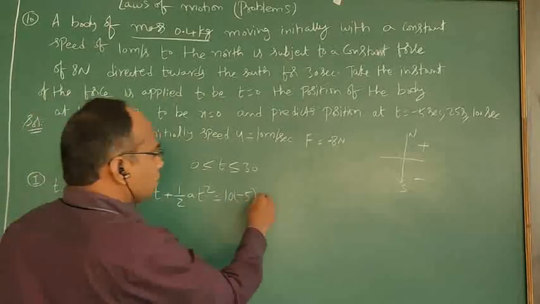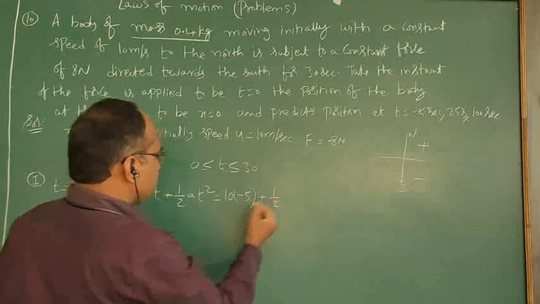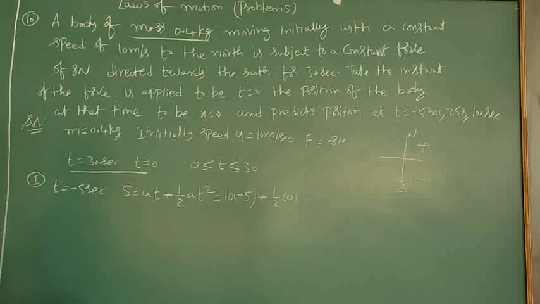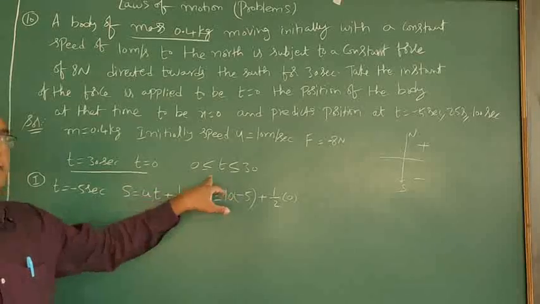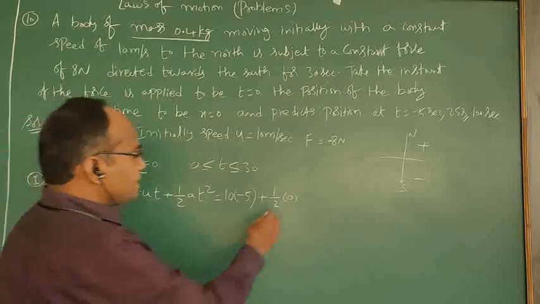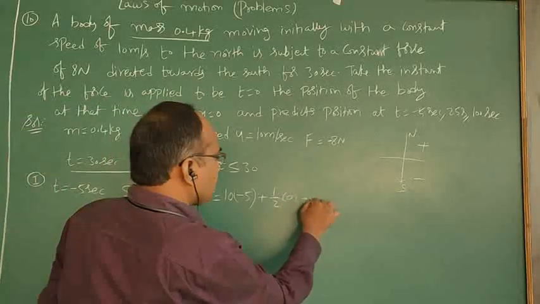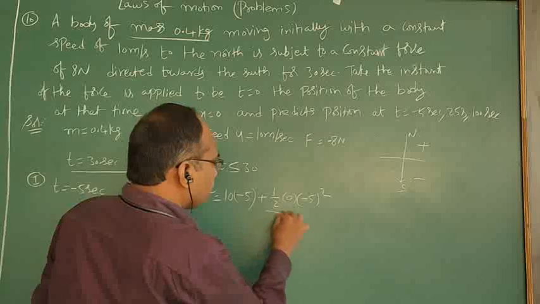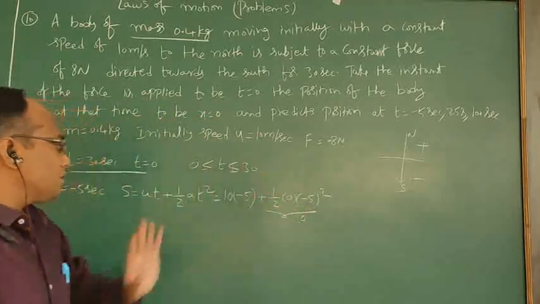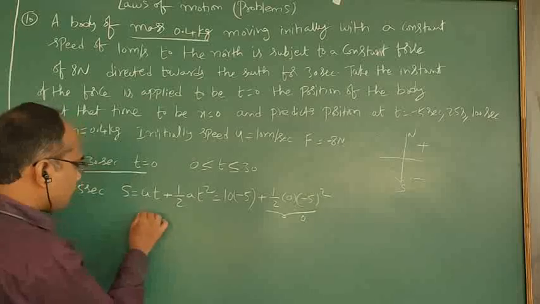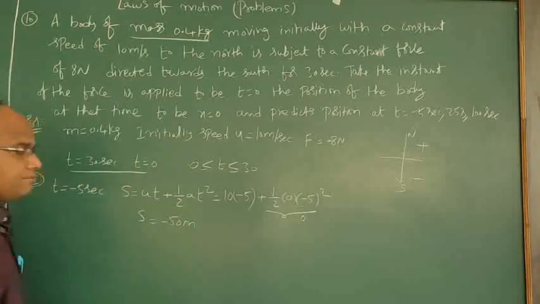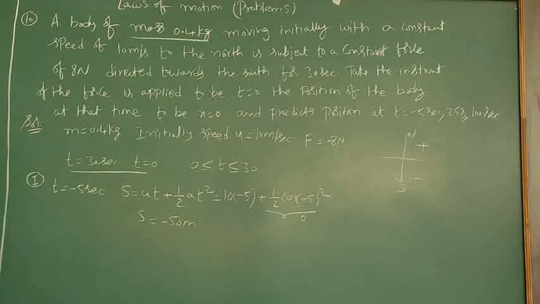And next 1 by 2 a, acceleration is what? 0. Why? Because it does not lie between the 0 to 30 seconds, so there is no acceleration. And t square is nothing but minus 5. Therefore, this total becomes 0, since 0 into something is 0. So s is equal to minus 50 meter. This is the first value.